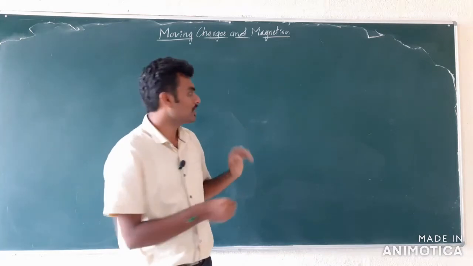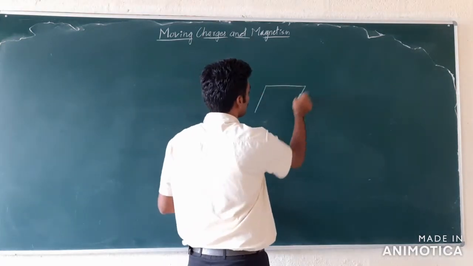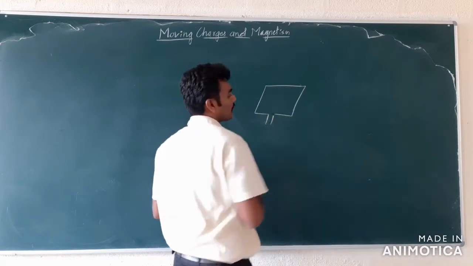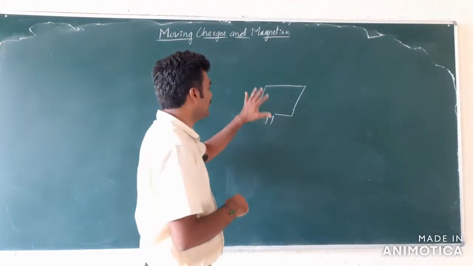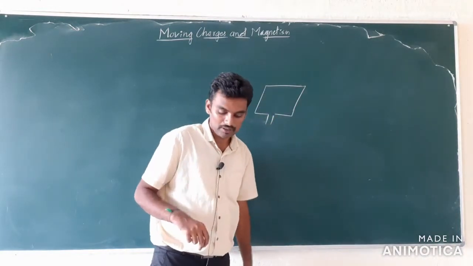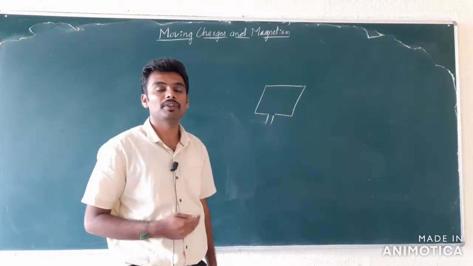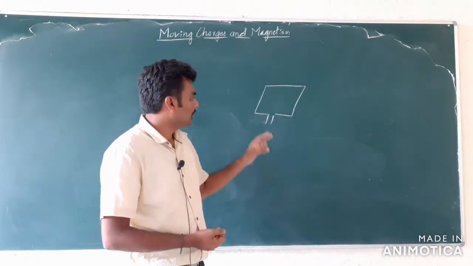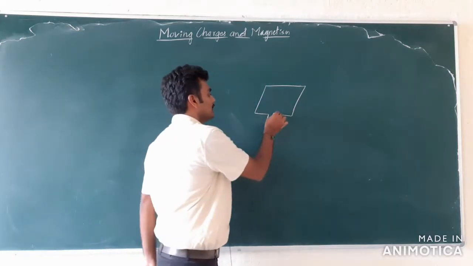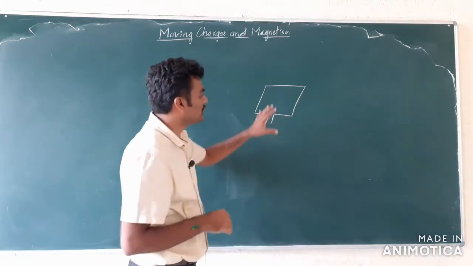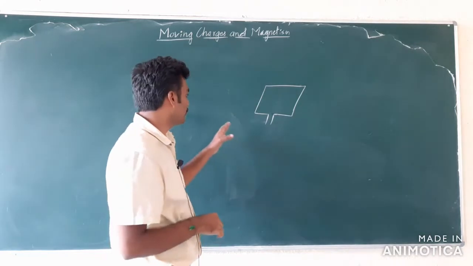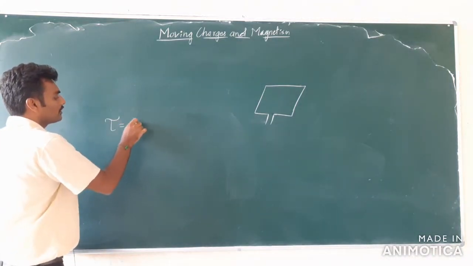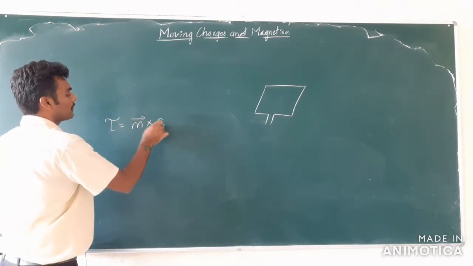A rectangle shaped coil of area A kept in external magnetic field B, with the current flowing through it equal to I. But this is not necessarily a required shape. Now we have an expression for torque experienced given by M cross B.